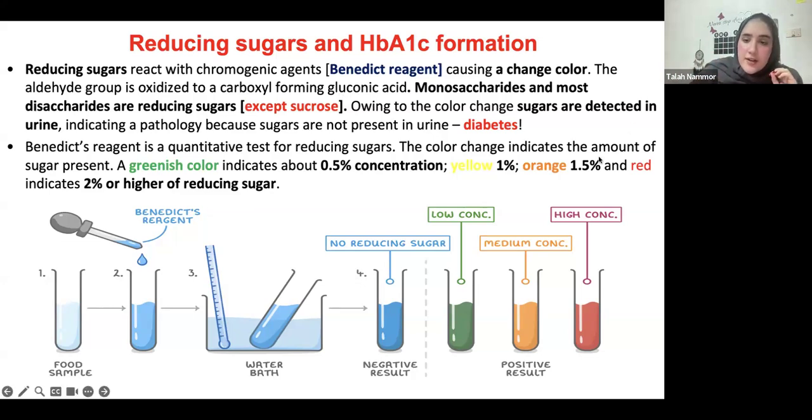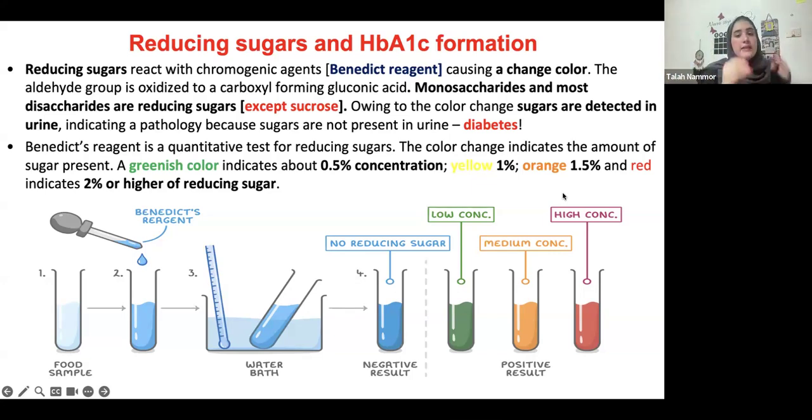As you can see here, we have different colors. If it stays the same color, it means we don't have any sugar, because nothing is reducing the reagent. If we have green, this means we have a low concentration. Yellow is a bit higher, orange a bit higher, and red is way higher.